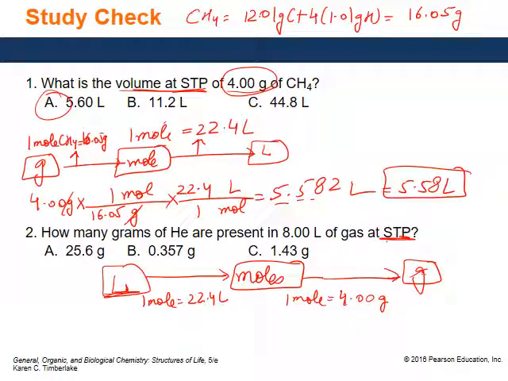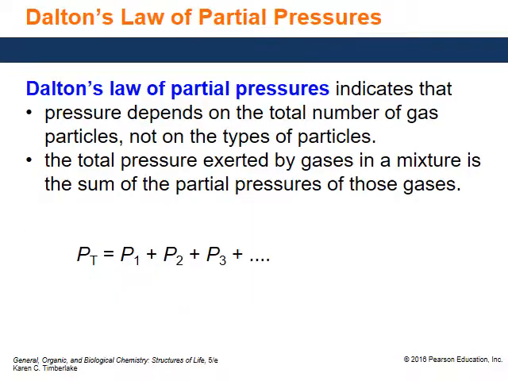The last topic to be covered in this chapter of gases is called Dalton's law of partial pressure. Okay, what does this law tell us? This law essentially tells us that assume you have a balloon filled up with some hydrogen gas, a certain amount of helium, certain amount of nitrogen, certain amount of oxygen gas.